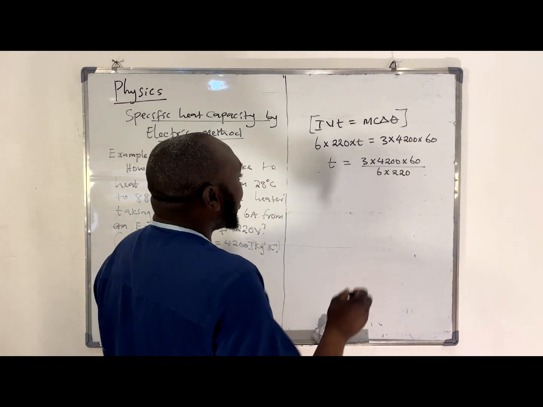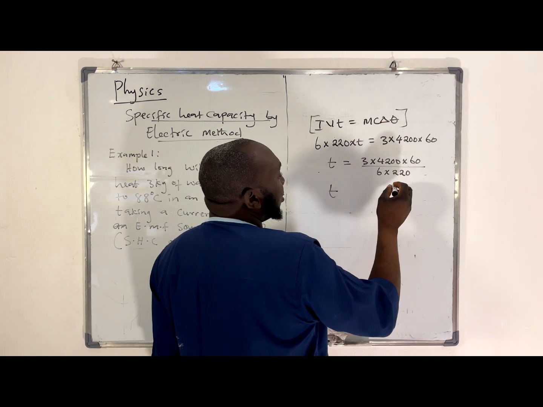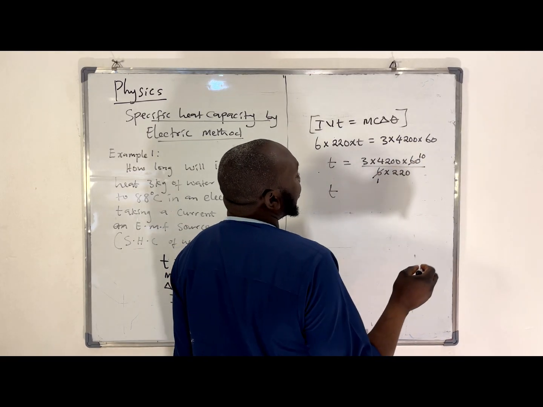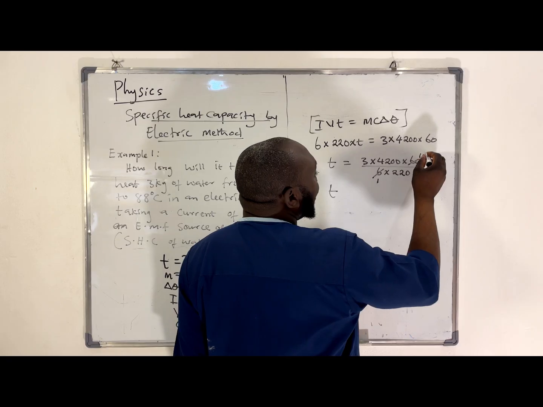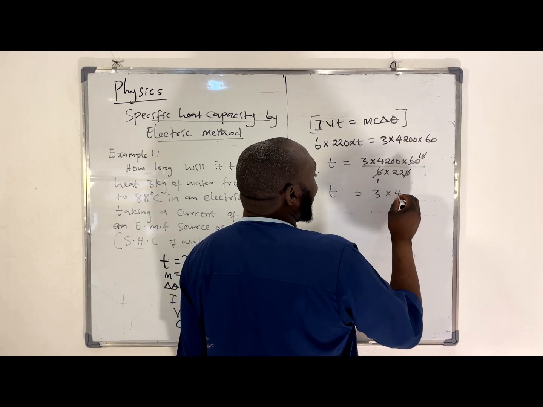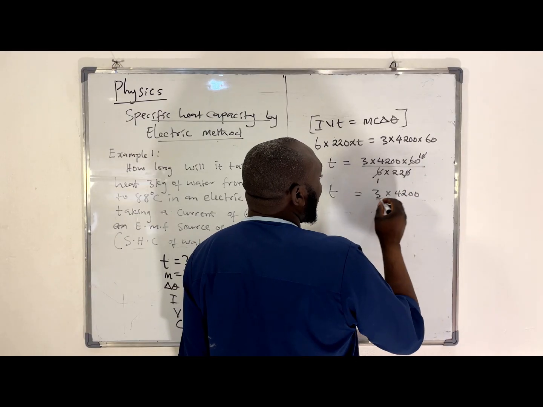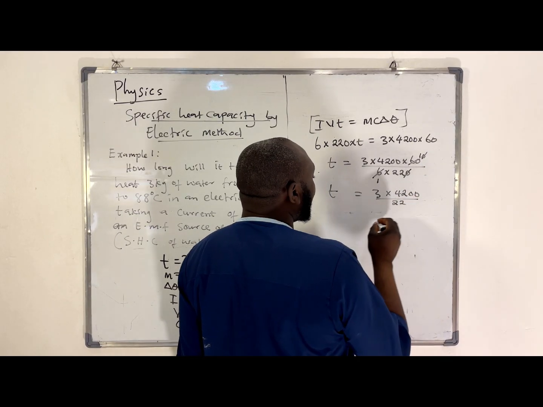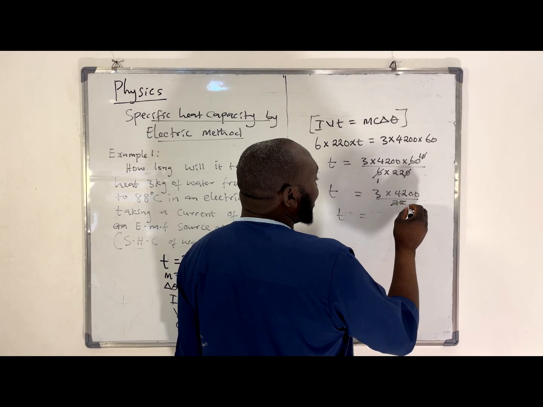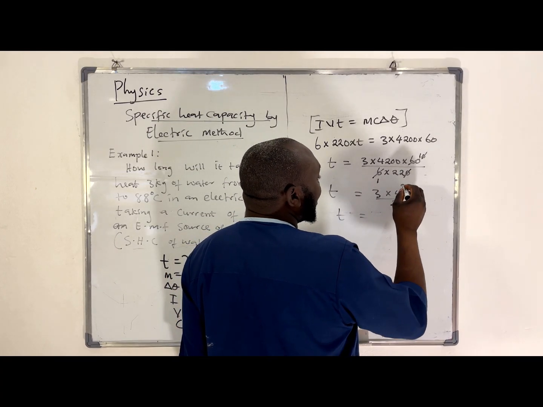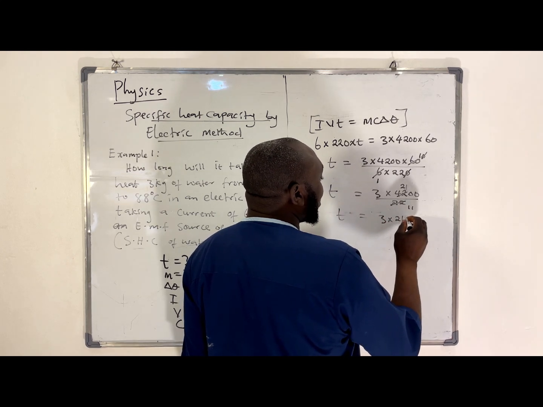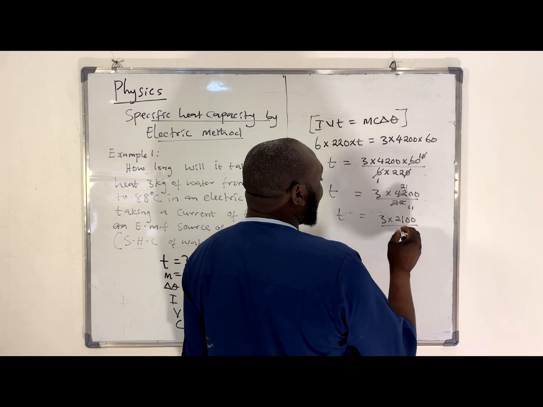Now this 6 into 60 is 10, and this 0 cancels this 0. T is 3 times 4,200 over 22. 2 into 4,200 is 2,100, 2 into 22 is 11. That is 3 times 2,100 over 11.